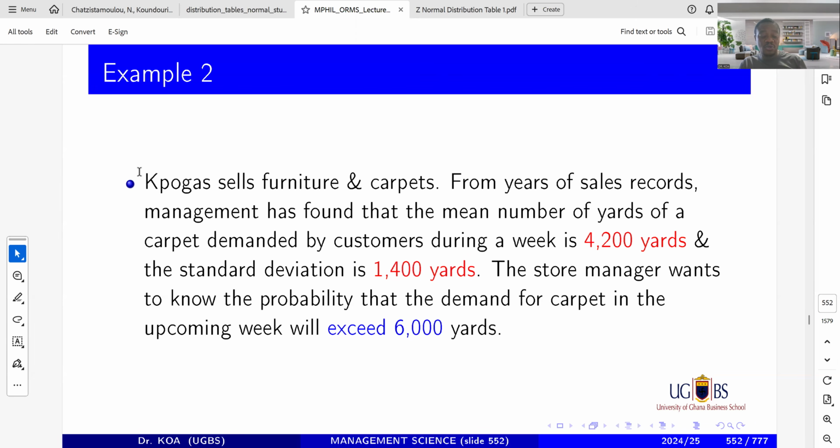So the manager wants to know, one, what is the probability that demand for carpet this coming week will exceed 6,000? The word exceed is very important. Remember, the average is 4,200. What is the probability that it will be more than that too, and it will even exceed 6,000, 10,000, 100,000, million, exceed.